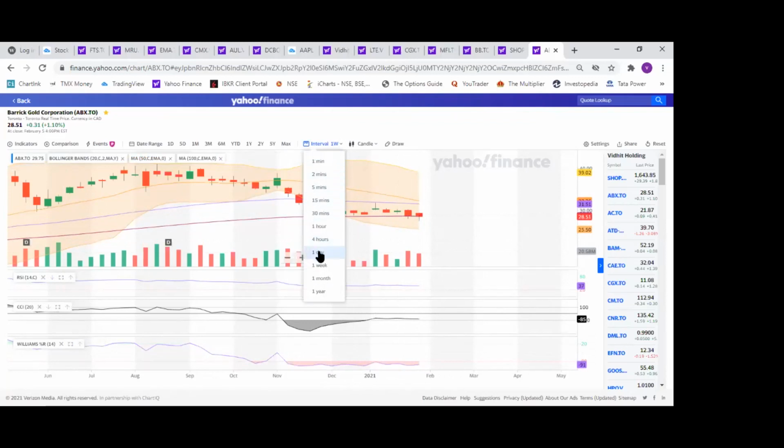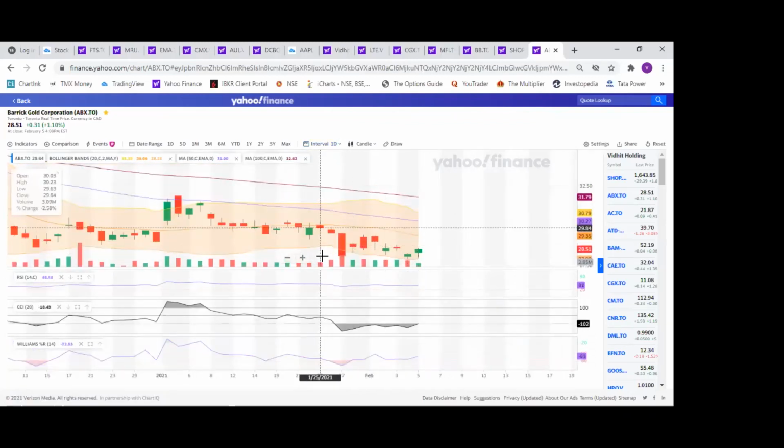If I convert this to the day chart and you look at it over here, 1, 2, 3, 4, 5, 6, 7, 8, 8 days and $28 is almost being held. And it has curved up.